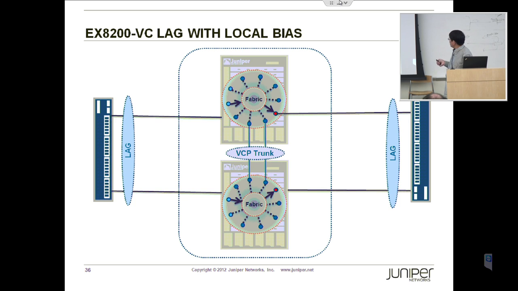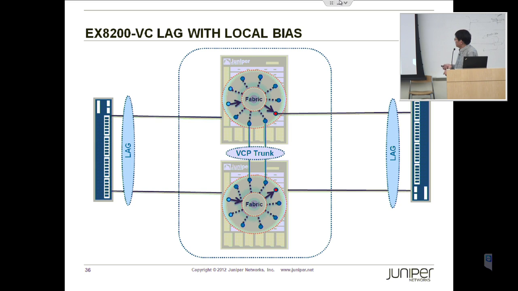And if we have another ToR with the same kind of LAG over here, then in the regular mode, traffic coming through the link over here may be split into this and this path to reach this LAG.